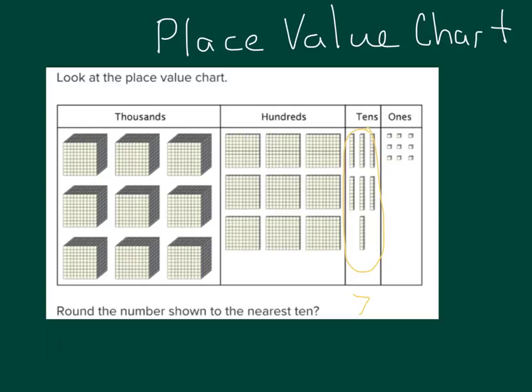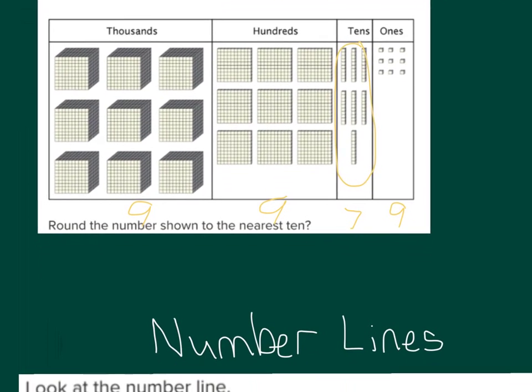So, when rounding this number, we're going to round between 7 and 8. So first, let's write the entire number. How many thousands? 9. How many hundreds? 9. 7 tens and 9 ones. So, let's write down the number.